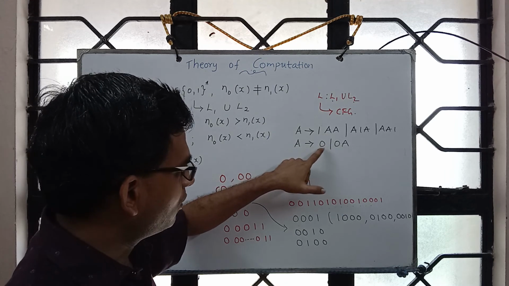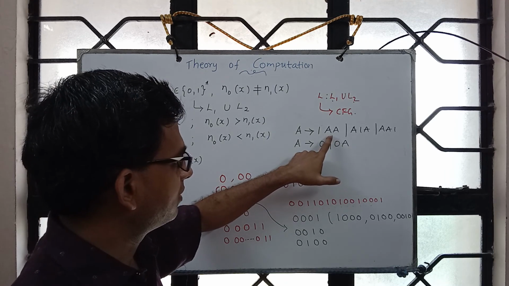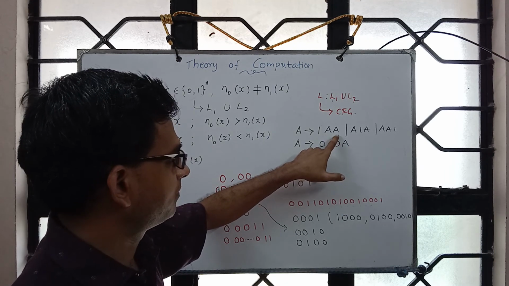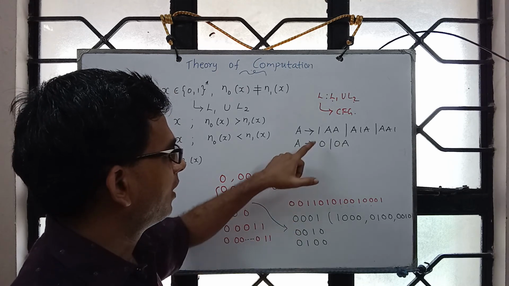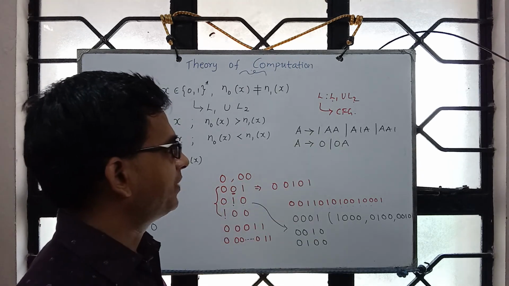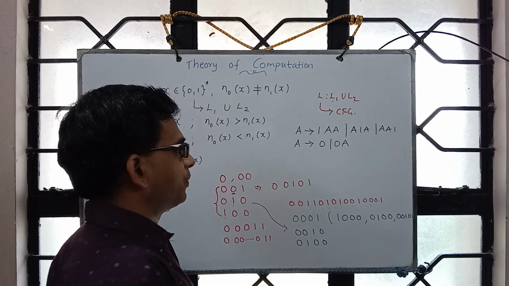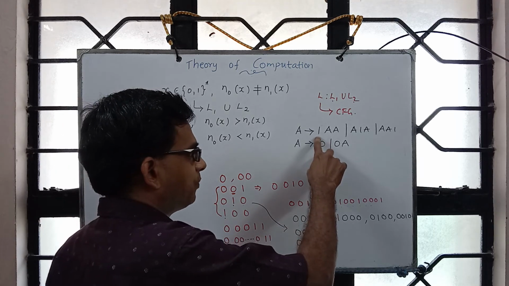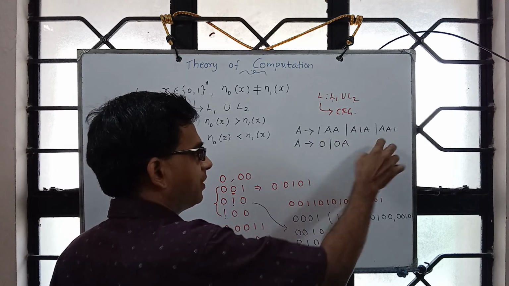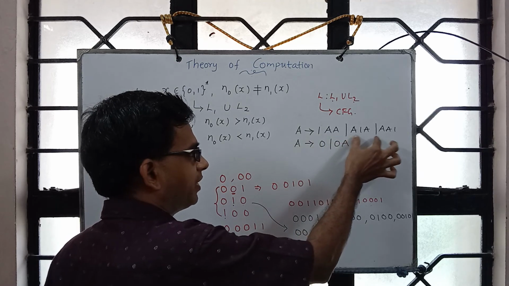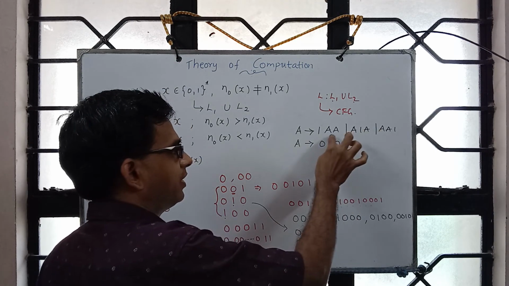However, you want more zeros, yes, use this for this, use this for this, job is done. But you want to introduce a 1, that's where you have to be careful. So when you want to introduce a 1, that 1 can come in any of these forms. It could be 1AA or A1A or AA1. Then introduce this.